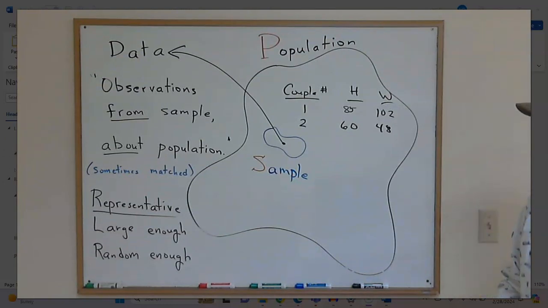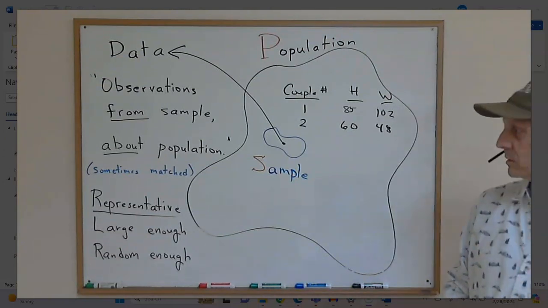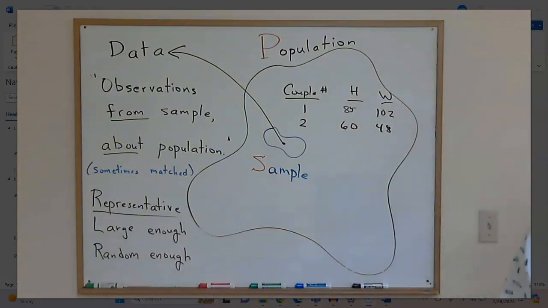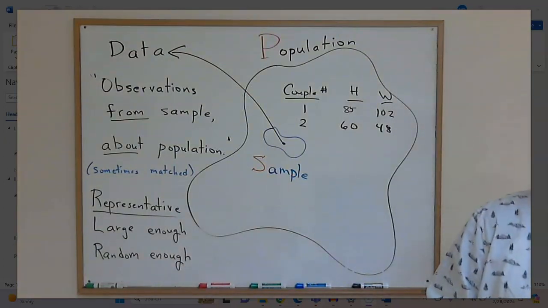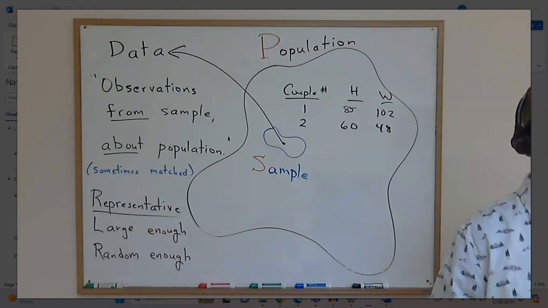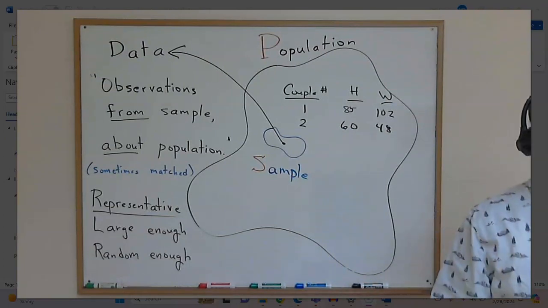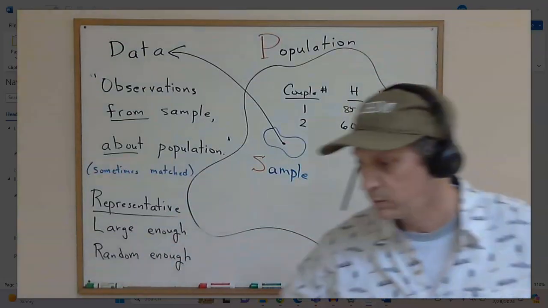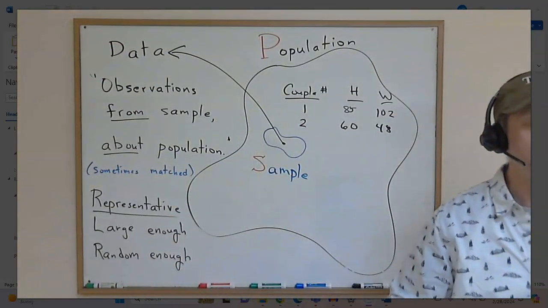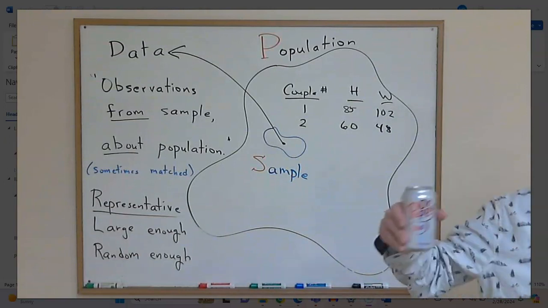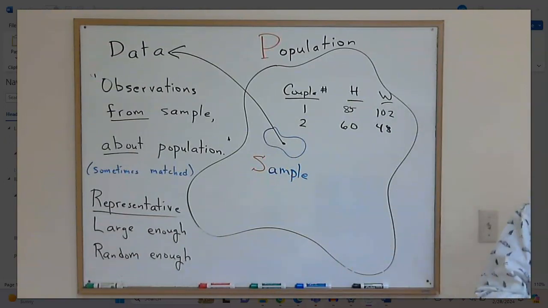A voluntary response sample is where the statisticians put out an announcement, saying, hey, anybody who wants to answer our survey, please go to this website and fill in the questionnaire. And maybe if you fill out our survey, we'll give you a free subscription to Stats magazine for a year.